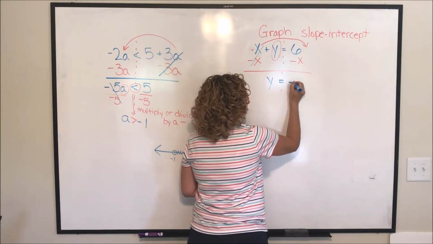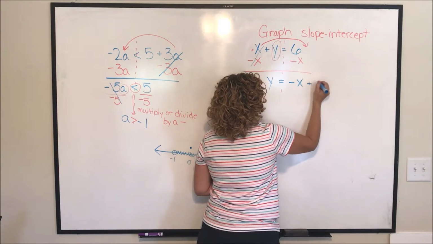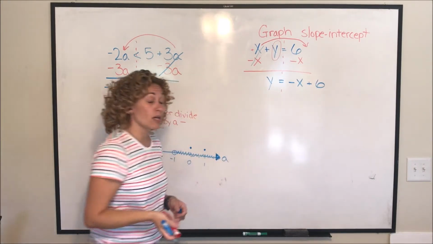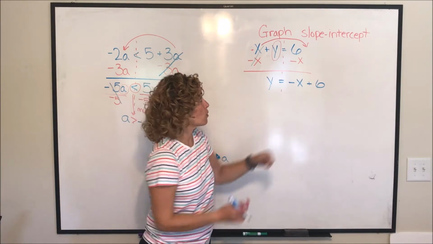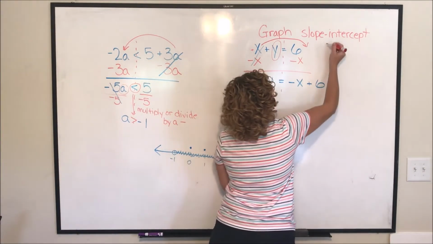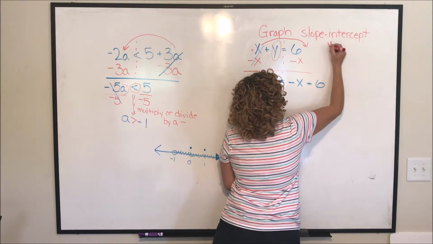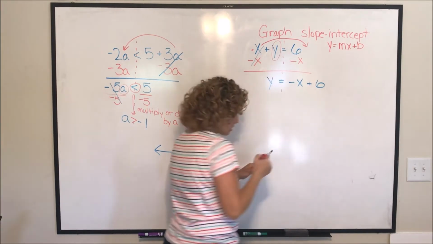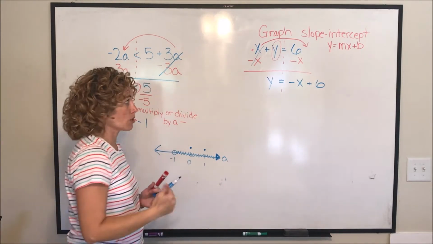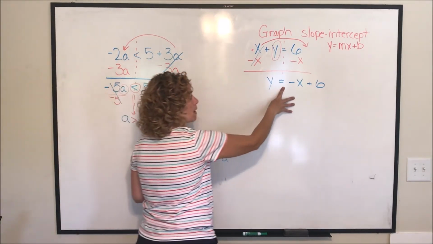So what we're going to do is write minus x plus 6. You could also write 6 minus x, but slope-intercept form says that y equals mx plus b. So we want to begin to think of putting the x term first to get us prepared.